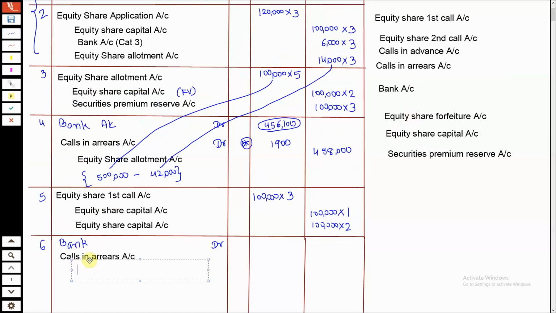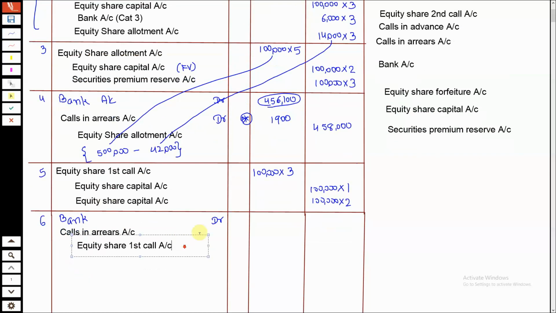As I told you, all these special accounts will get cancelled immediately in the next journal entry. So how much will the first call account get credited? It will be credited with the 3 lakhs it was debited with.